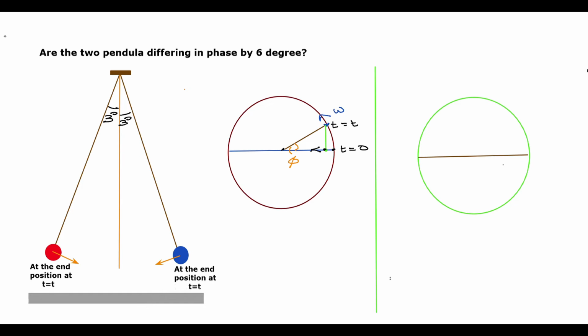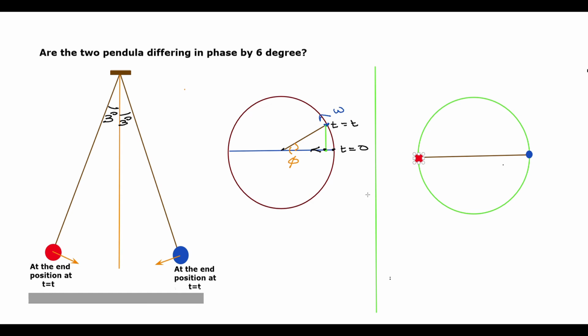At t equal to t, this oscillating body is at its end position here, and at the same instant the other oscillating body, the red one, is at this end position.